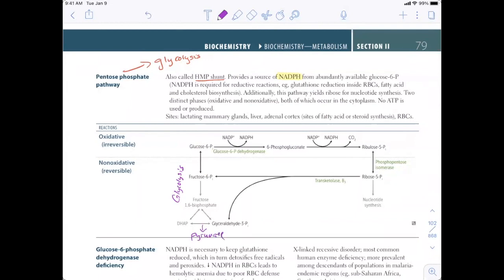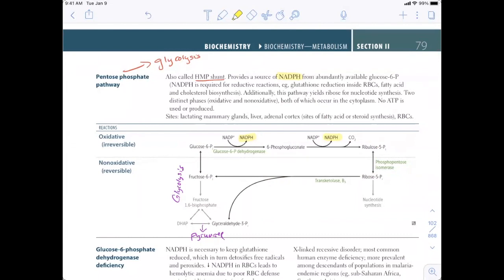But we said that somewhere in there, we made a loop around. And the most important thing that came out of that loop was that we made NADPH. But now we just need to know the enzymes involved in that loop.